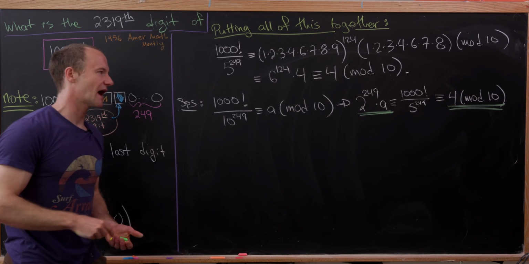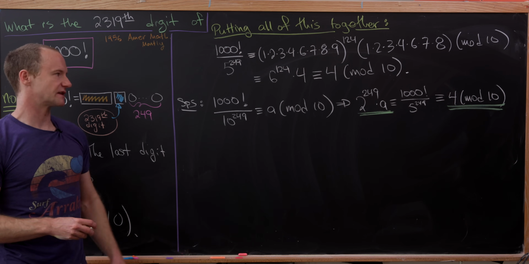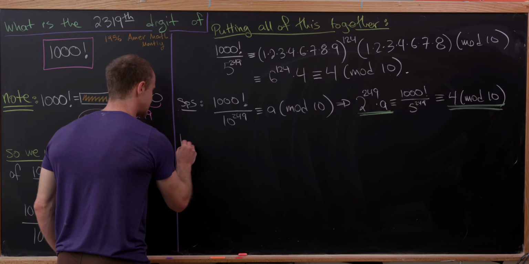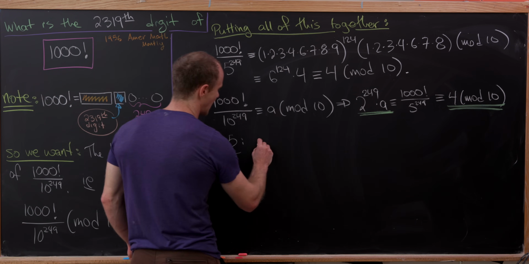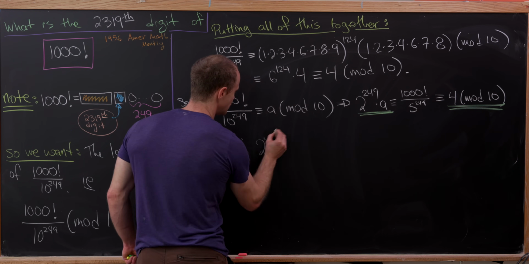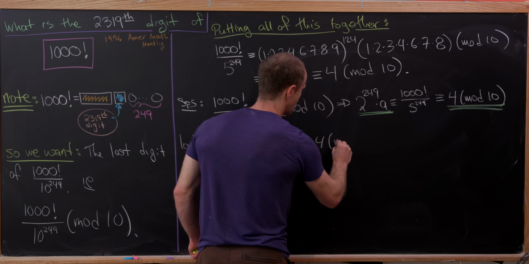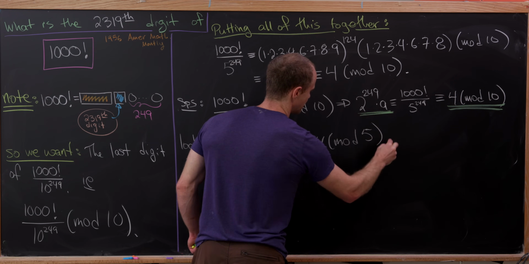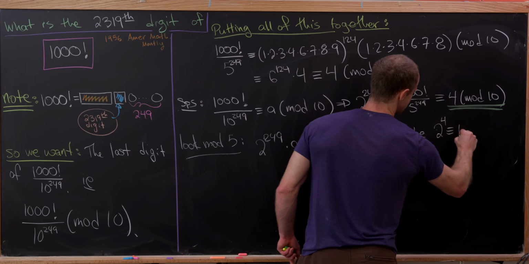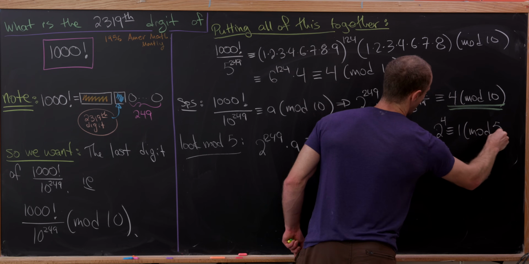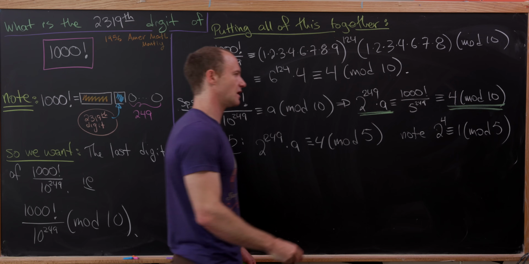Now that's perhaps a little bit tricky because 2 and 4 are not relatively prime to 10. But what if we instead look mod 5? Well, we'll have 2 to the 249 times a is congruent to 4 modulo 5. But let's note that 2 to the 4 power is 16, which is 1 mod 5. But then 248 is a multiple of 4.